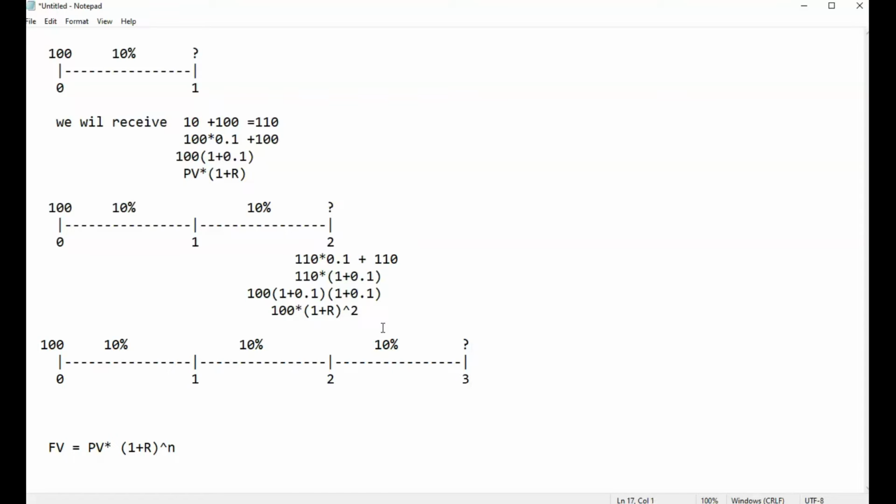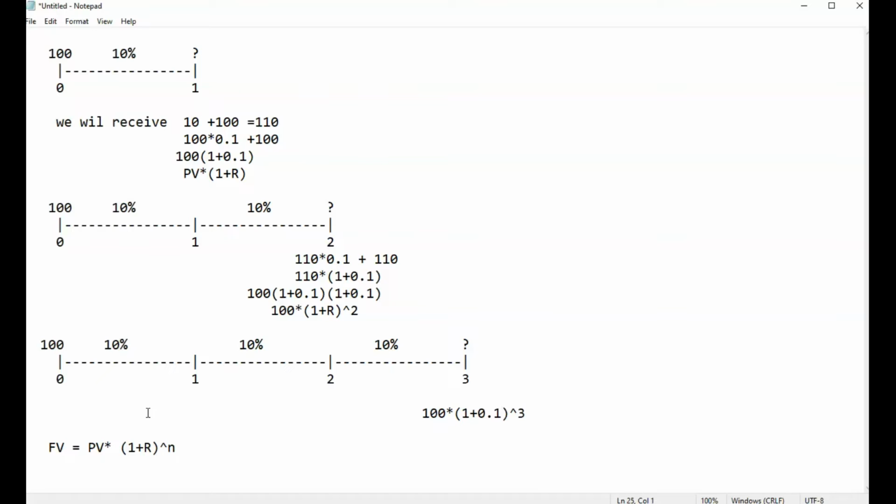Then the future value at the end of the third year will be this one, with 0.1.